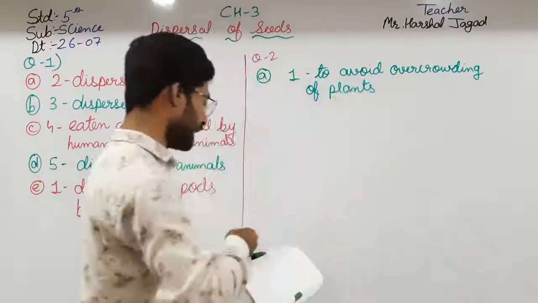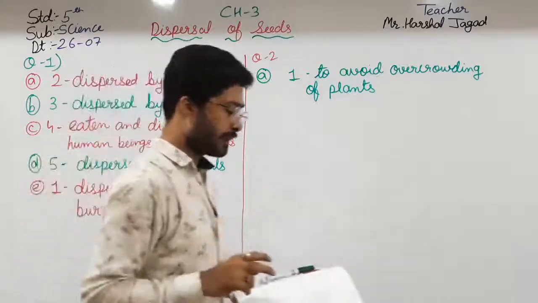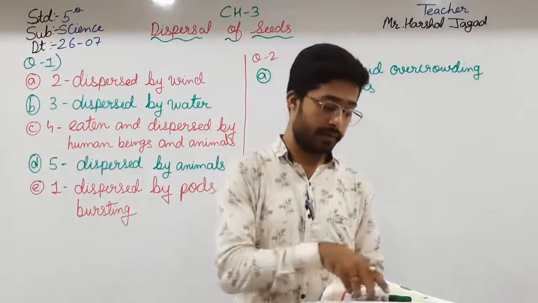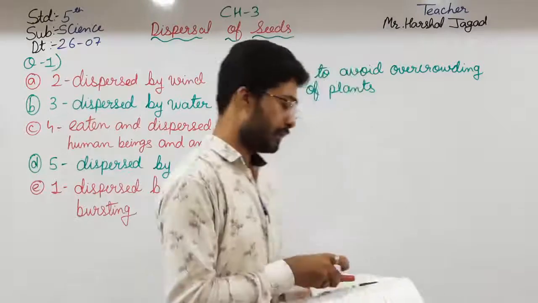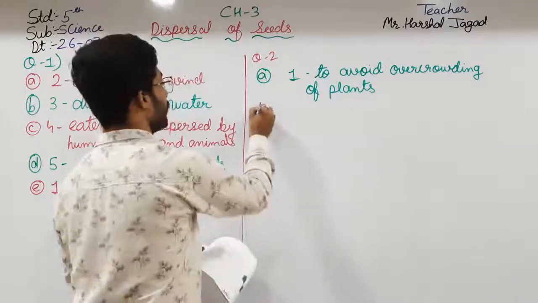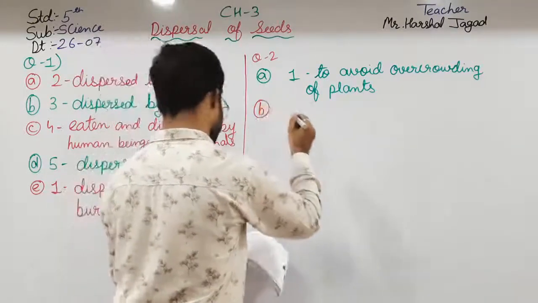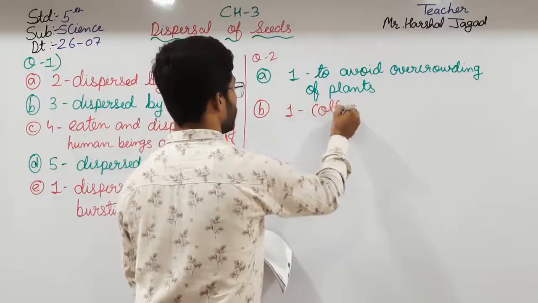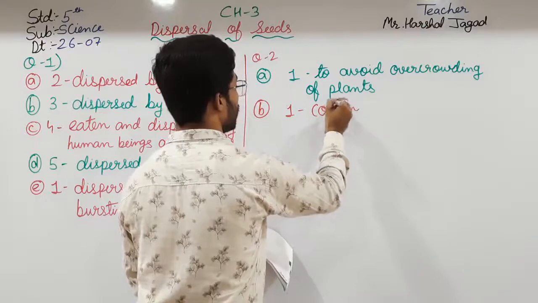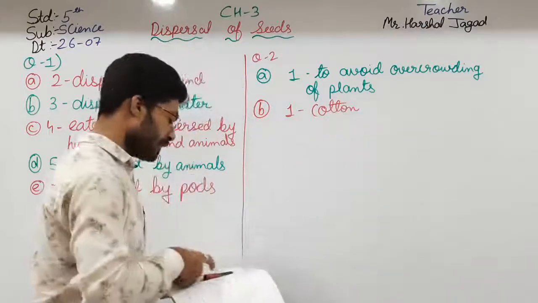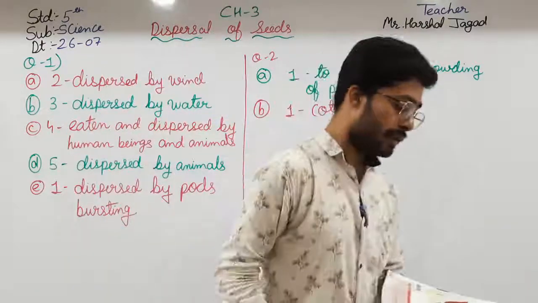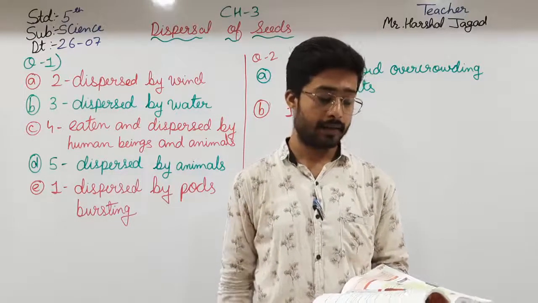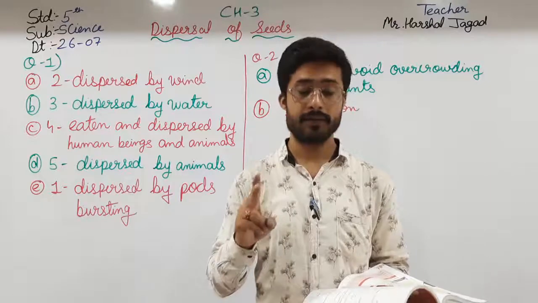Secondly, B, dash seeds have fluffy hairs. So here it has cotton. In that also it will be first, cotton. Then after, coconuts stay afloat because they have dash walls, spongy, fibrous or soft.